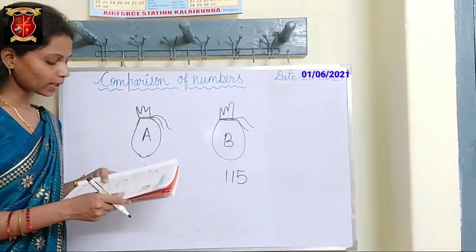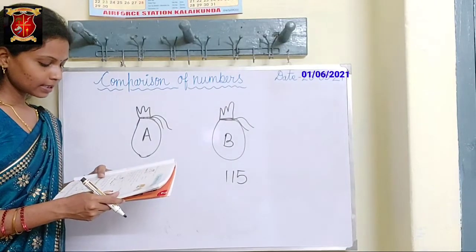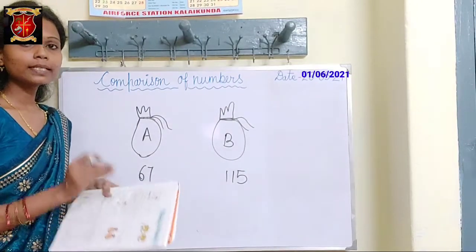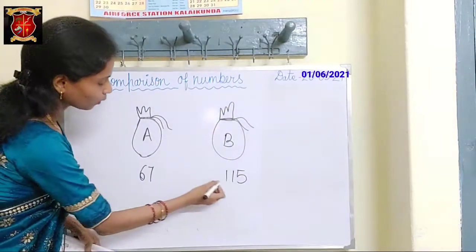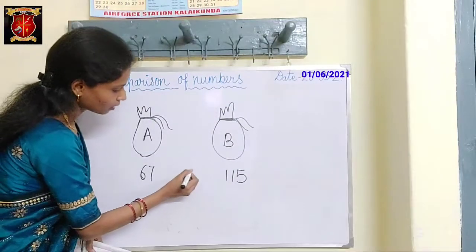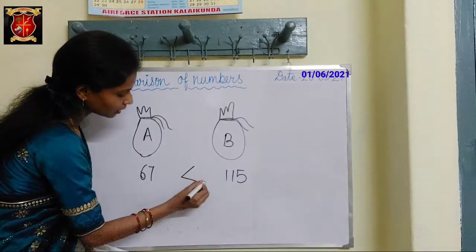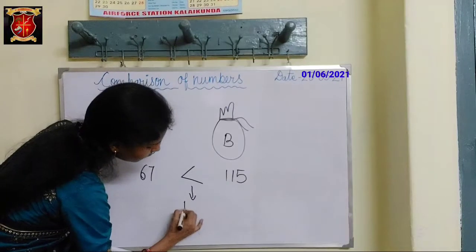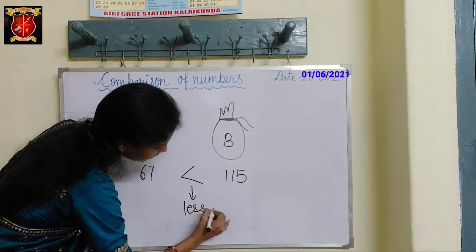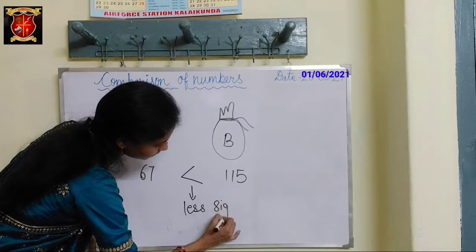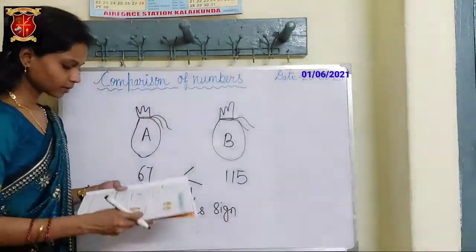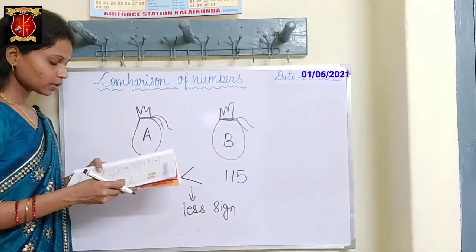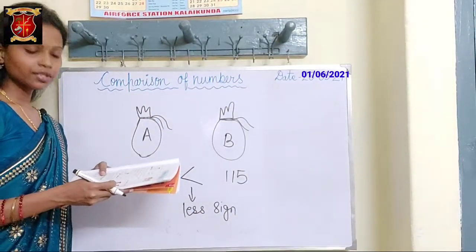So which one is the bigger number? 115. So we will put which sign? Less than sign. Okay. So now Chavi, which purse does she take?